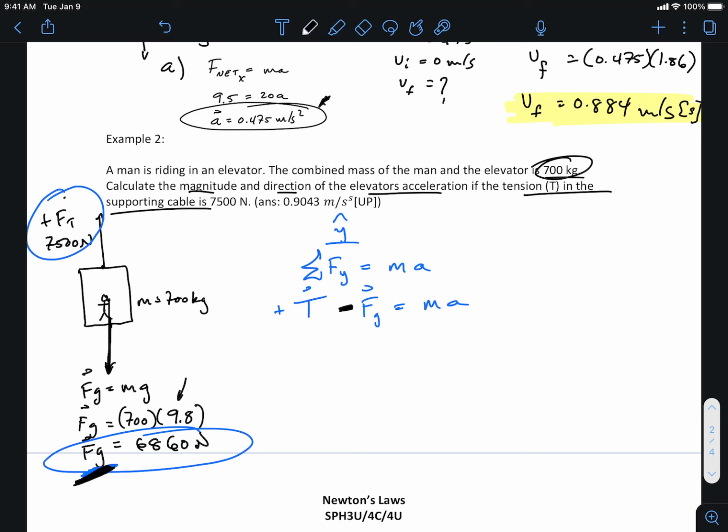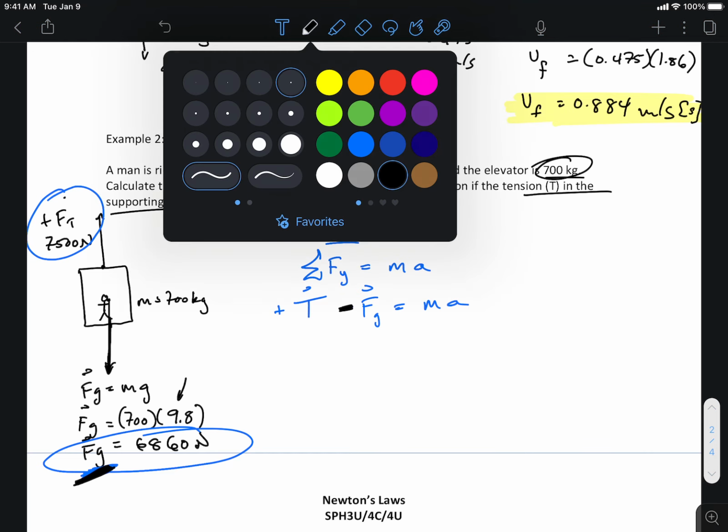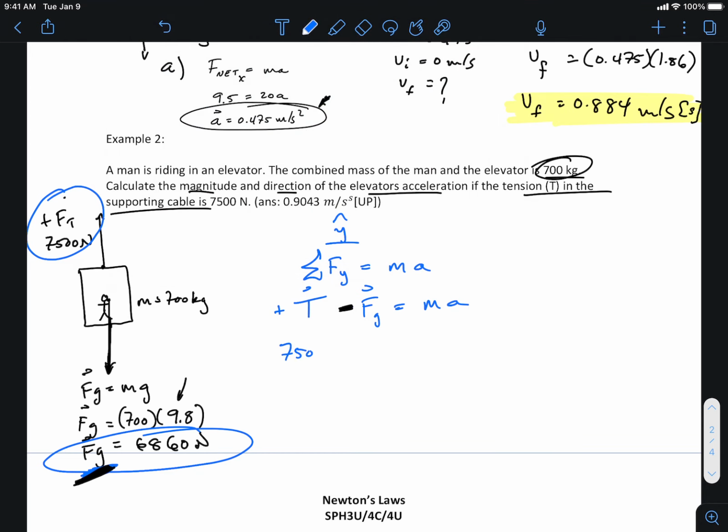So I know the force of tension is going to be 7,500 newtons, and that's positive, minus the force of gravity of 6,860 is equal to, what's M? M was 700. You just do the math. I think we get 640.